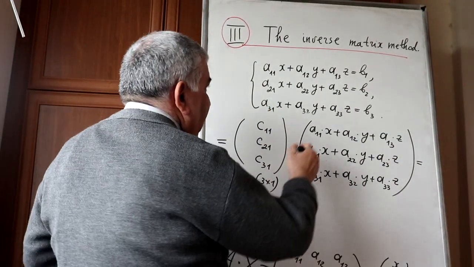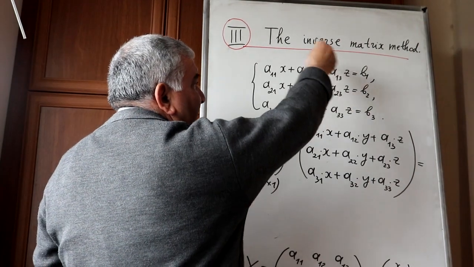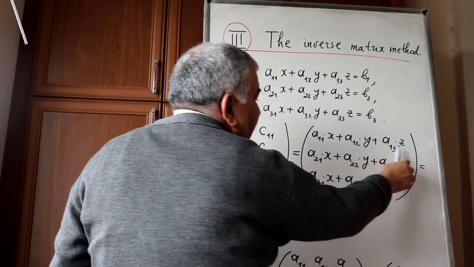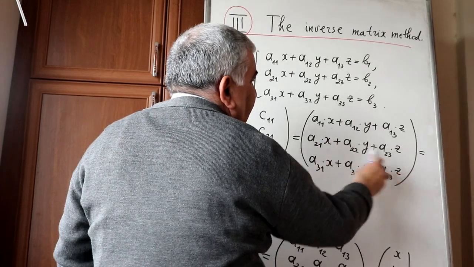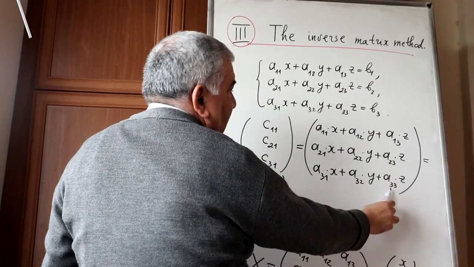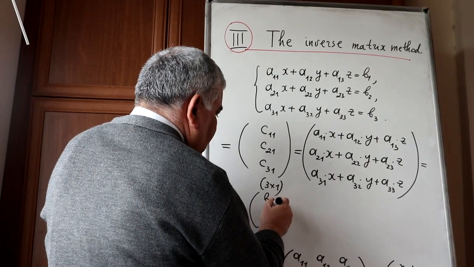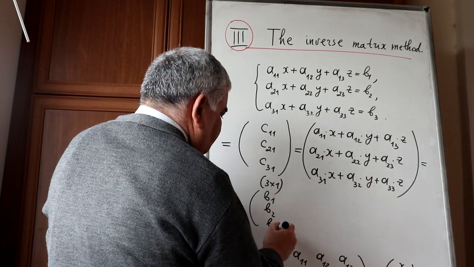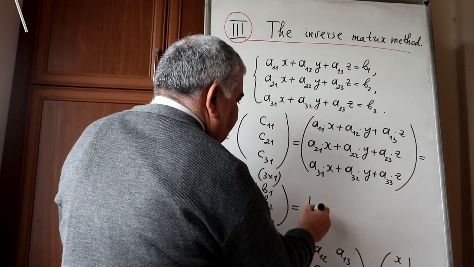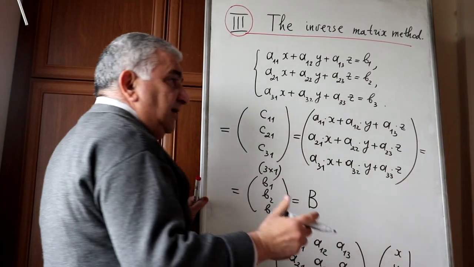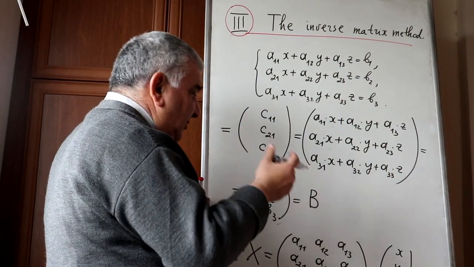Then we have, according to the general form of the given linear system, the first row is b1, the second row is b2, and the third row is b3. Right, b1, b2, b3, and it is the matrix B capital, that is the matrix of the constant terms.